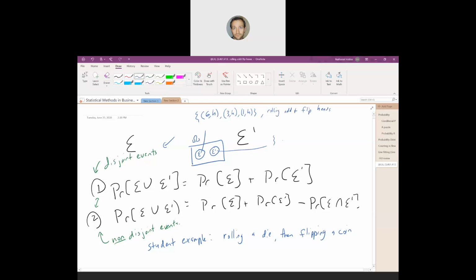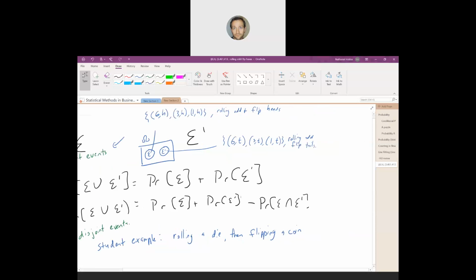Where this event, E prime, might be, let's say, this thing: 3 tails, 1 tails. So this is rolling odd, flip tails. Okay, so this is a joint probability space.